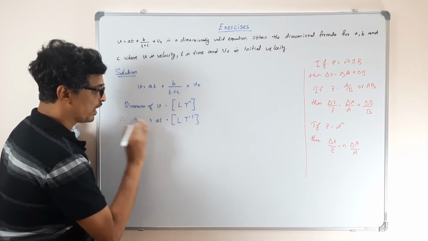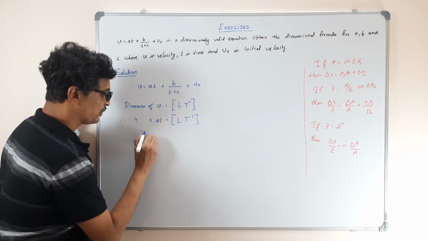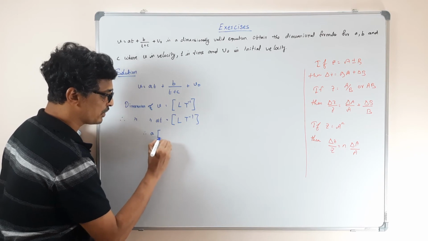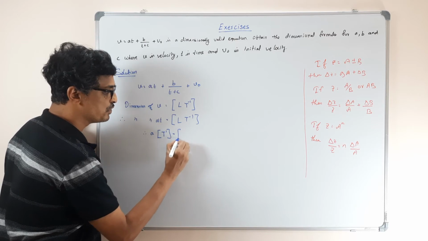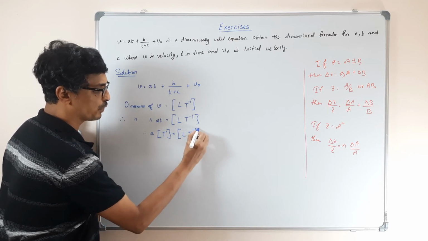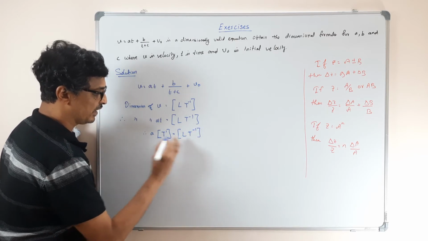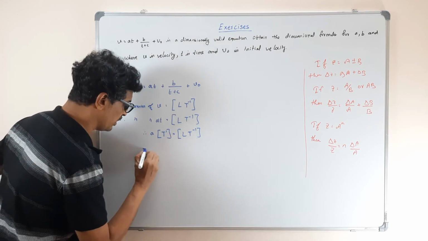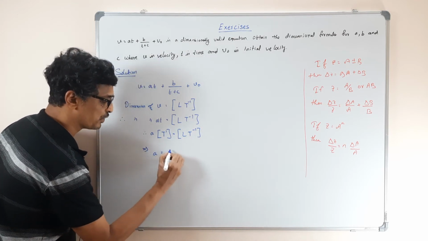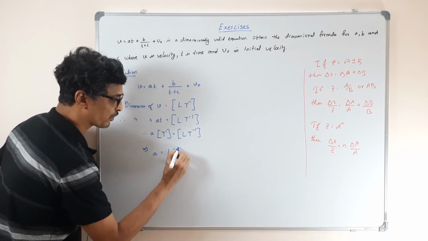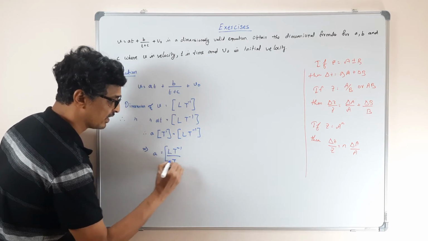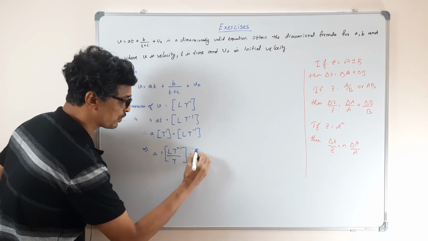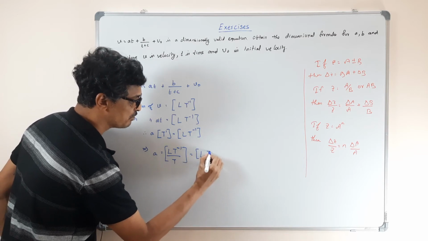Okay. So dimension of T is what? Dimension of A times T should be equal to LT minus 1. Correct? So when I take it here, this gives me A will be equal to LT minus 1 divided by T. Am I right? So that will be equal to LT minus 2.